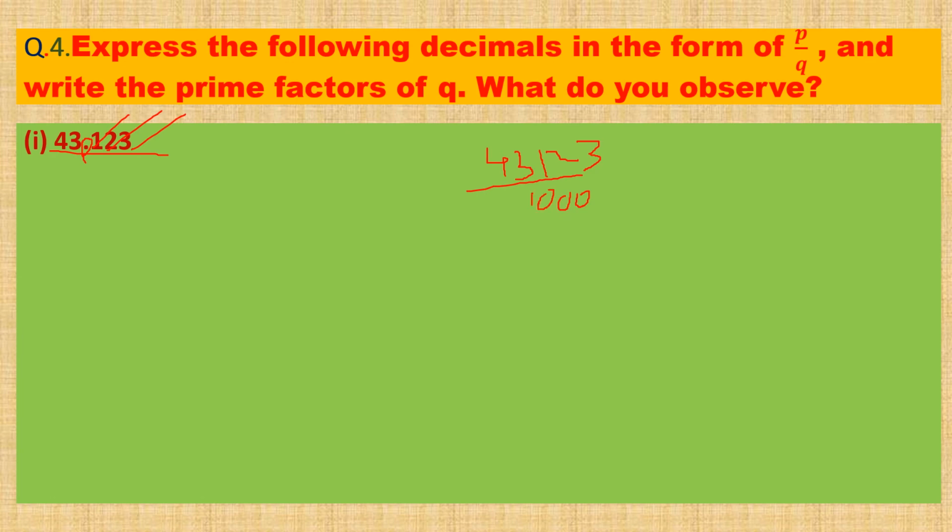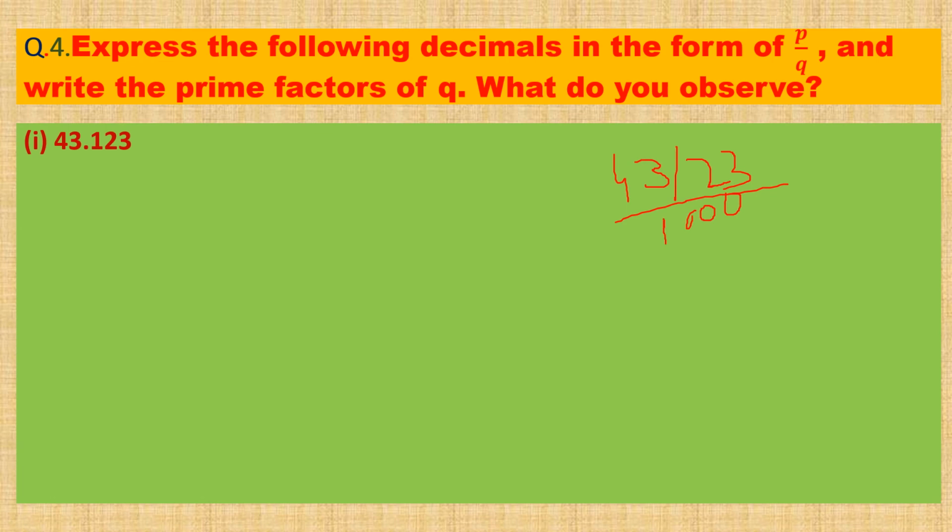In the earlier problems we did it the same way: from the last we counted digits and put the point. Here also it is the same thing. First write the number completely without any decimal, and put as many zeros in the denominator as there are digits after the decimal.